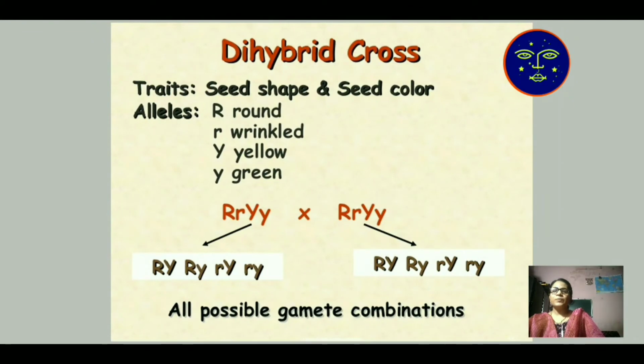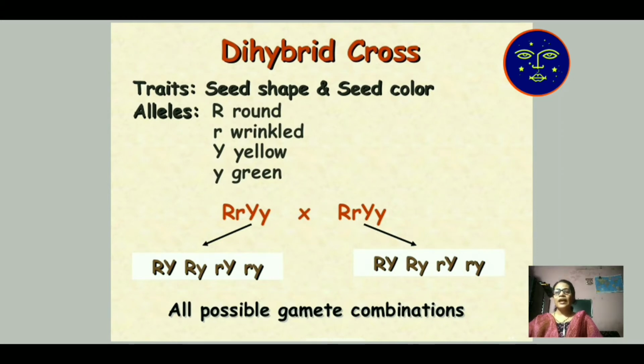Here is an example of the dihybrid cross. Dihybrid cross traits: seed shape and seed color. Simultaneously, two characters are chosen by Mendel. Number 1, capital R is for round seed, small r for wrinkled seed. Only two characters, round and wrinkled, were taken in the previous class on the monohybrid cross.